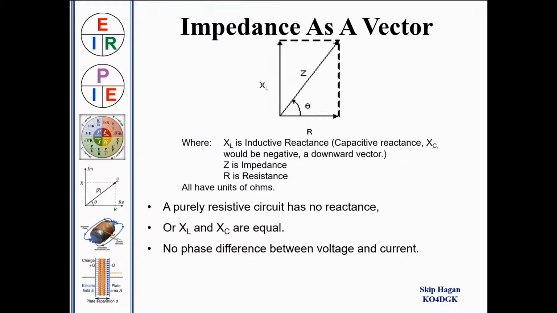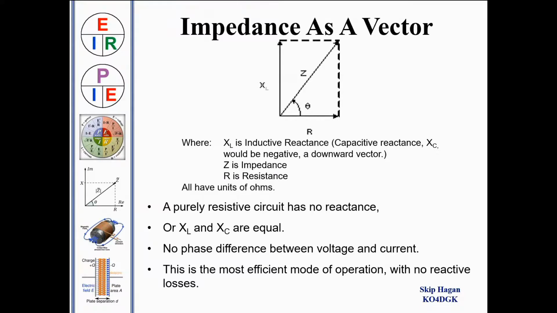And if we have a purely resistive circuit, there's no phase difference between voltage and current because the inductance and capacitance have canceled each other out. A purely resistive system is the most efficient system we can have.